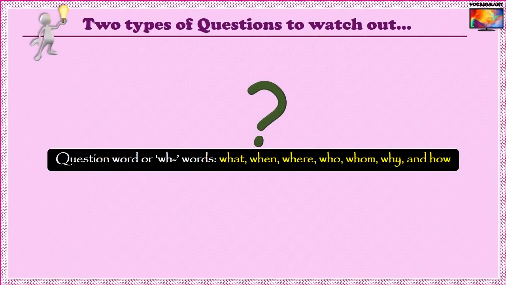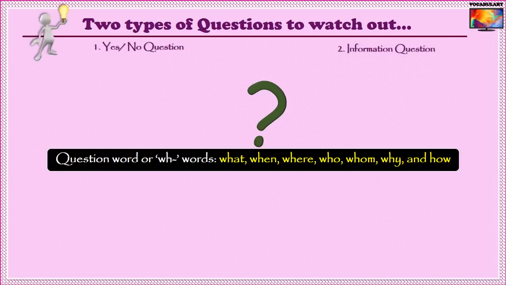To get more comfortable with reporting of questions, there is one more very effective tip that I would like to give you. There are two types of questions. The first type is a question to which the answer is yes or no. And the second type is a question which seeks some information.